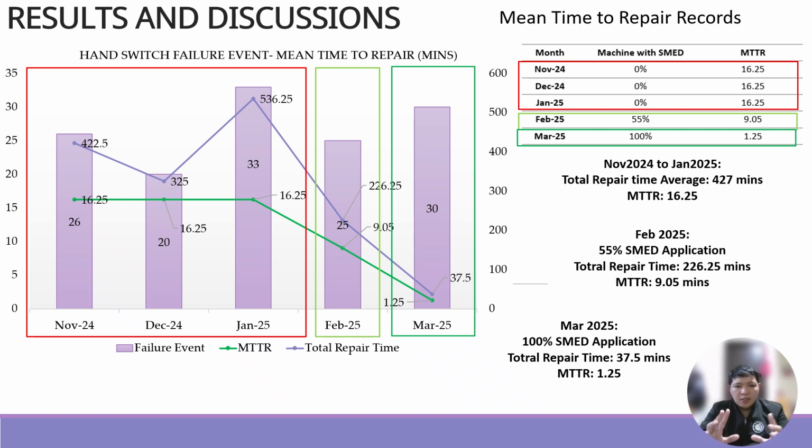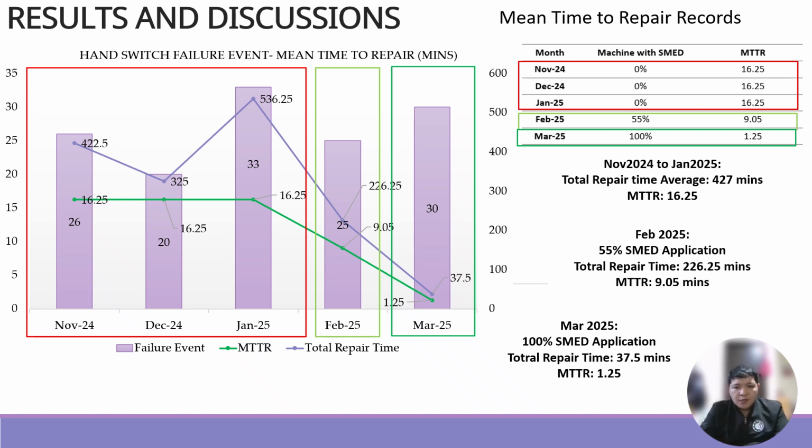Take note of the failure event: this is not the lowest, at 30 events encountered, but significantly, the MTTR, the mean time to repair, is only 1.25 minutes after the application of the SMED. So the contribution of the SMED clearly states the significant improvement of the changeover times of the production line.